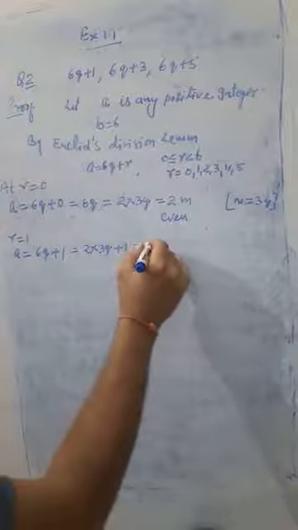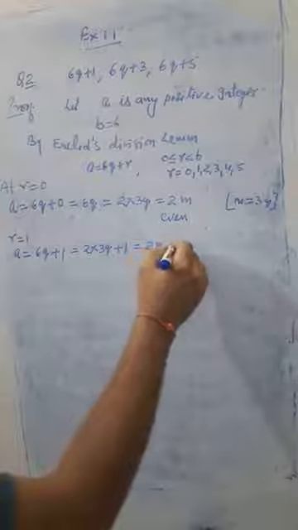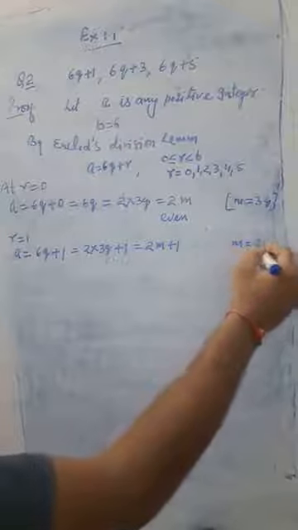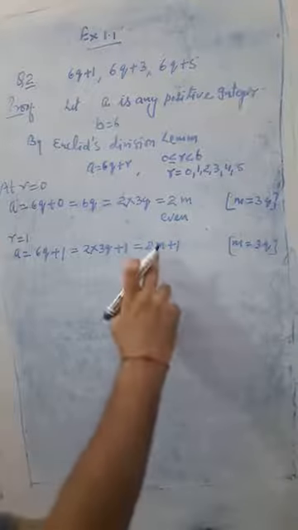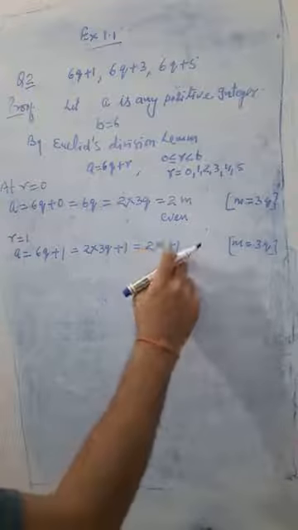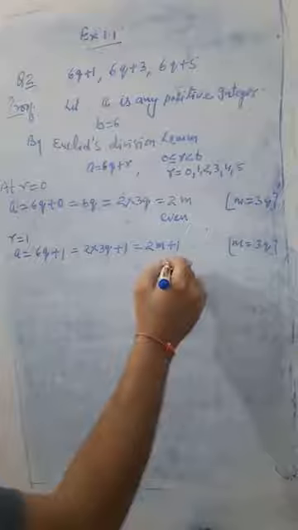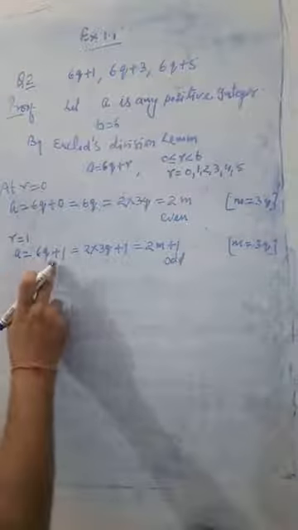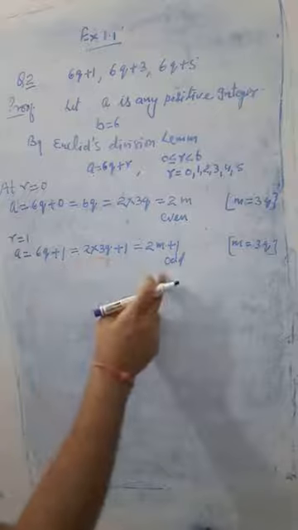Again we write 2m plus 1, where m is equal to 3q. So this number is 2m plus 1, which is an odd number. So 6q plus 1 is odd.